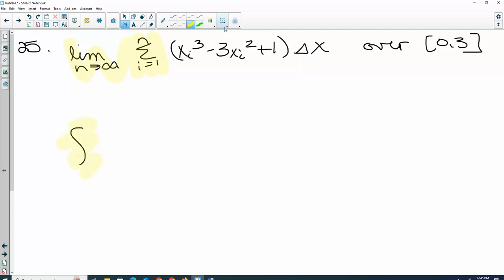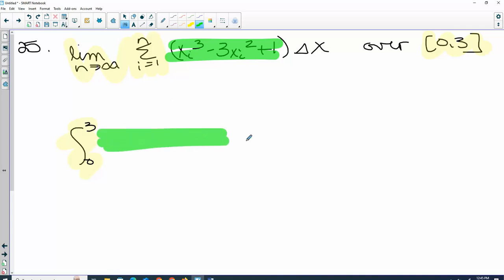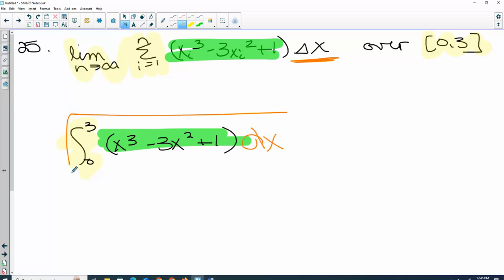Where are we starting and stopping? So we're doing an integral from 0 to 3. This piece is my function. The only difference is in the integral we don't do x sub i, we just do x's. So x cubed minus 3x squared plus 1. And at the very end we change to dx, just writing it as an integral. You didn't have to evaluate anything.